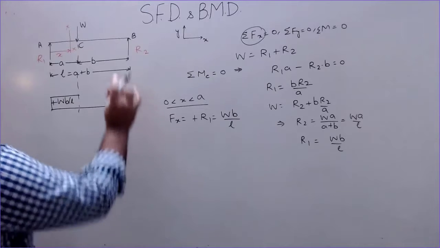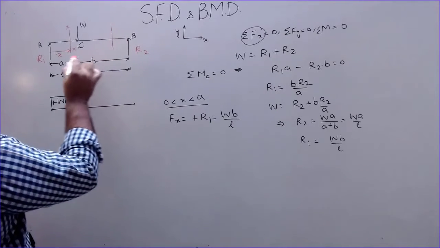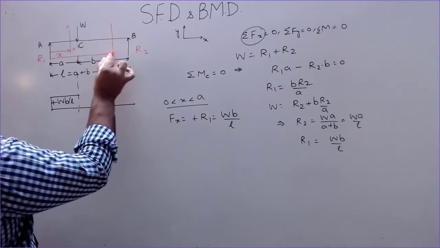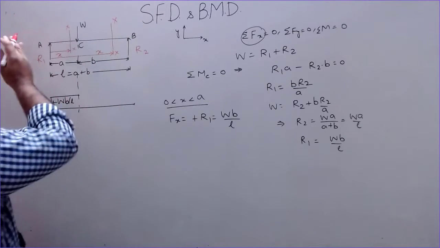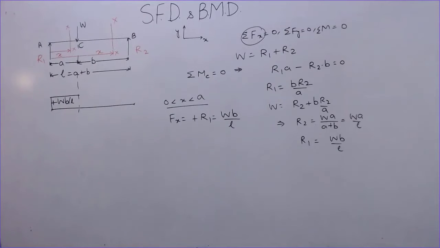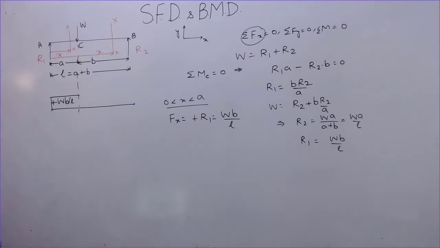Now what happens when we take the section between the load W and end B? Let us move this section here, and now the distance is measured. This distance is x. Now forget the previous calculation. We have R1 in the upward direction and W in the downward direction.